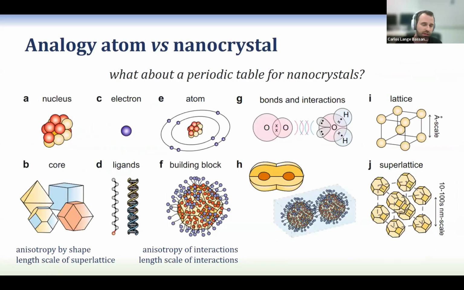Well, there is a big analogy here in the literature between atoms and nanocrystals. If we look at the past century, one of the big discoveries was the atom model by Bohr, and then Linus Pauling looking at interactions, and then all of materials science looking at phase diagrams, how we can form different crystals, and then we have this rise in technology in the past century, right?